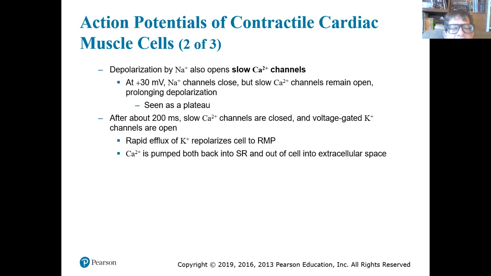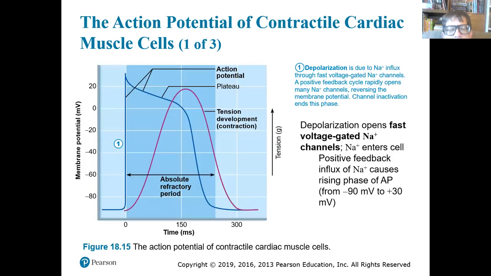All right. That's that plateau, that pause there, that's the plateau. After about 200 milliseconds, those slow calcium channels close and the voltage-gated potassium channels open. Then potassium rushes out and exits the cell. And when it does, you're losing the positive potassiums, so you become less and less positive, more and more negative. That is the drop here.